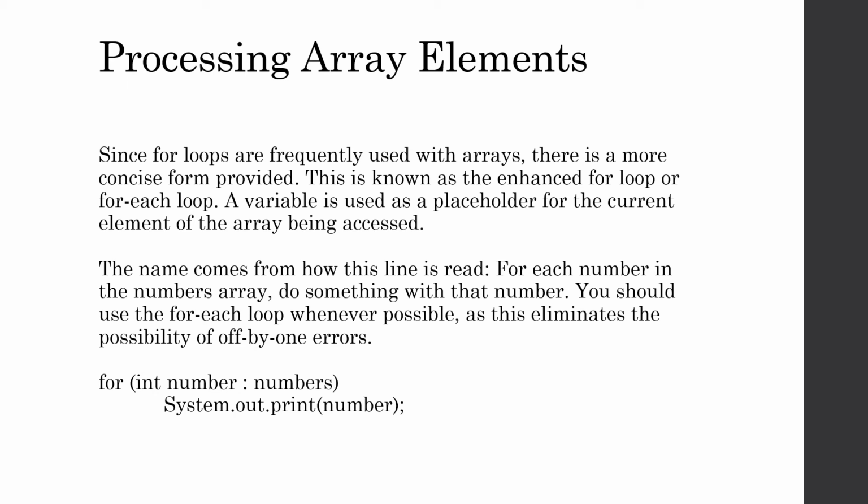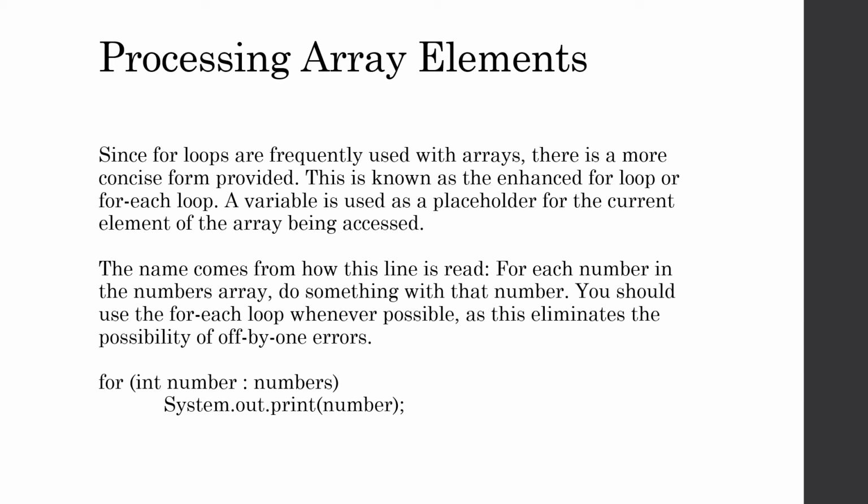This more concise form for our for loop is going to be known as the enhanced for loop or the for each loop. A variable is used as a placeholder for the current element of the array being accessed. The reason we call it the for each loop kind of comes from how the line is read.